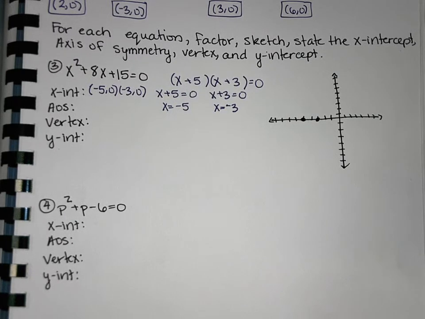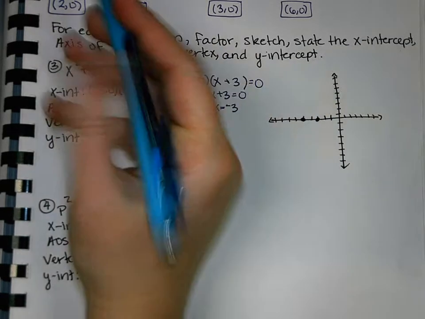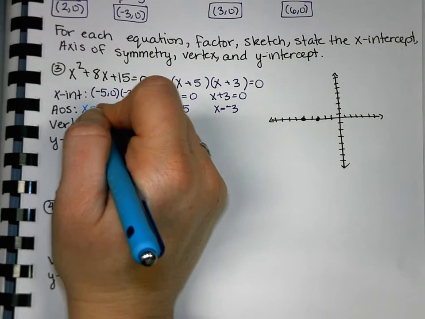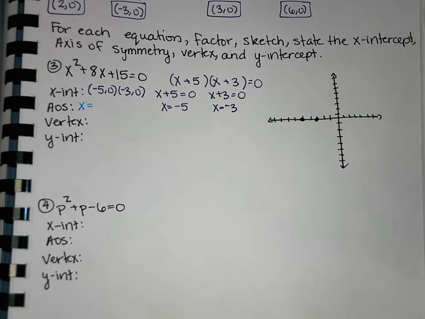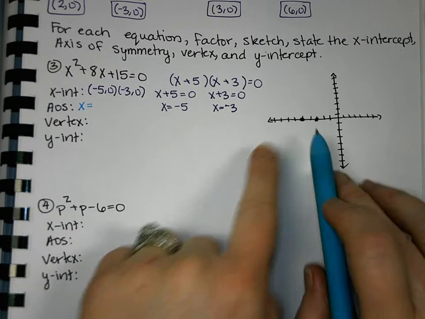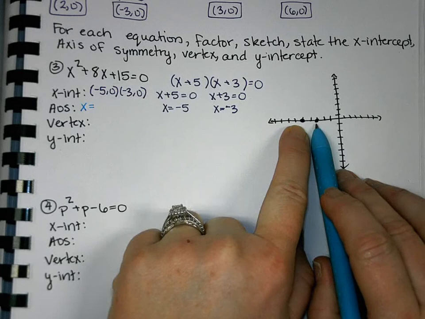Now, next thing, axis of symmetry. It's going to be x equals something. Well, what do we remember about parabolas? They're U-shaped. They're also symmetrical. So, where do I know my axis of symmetry has to be?